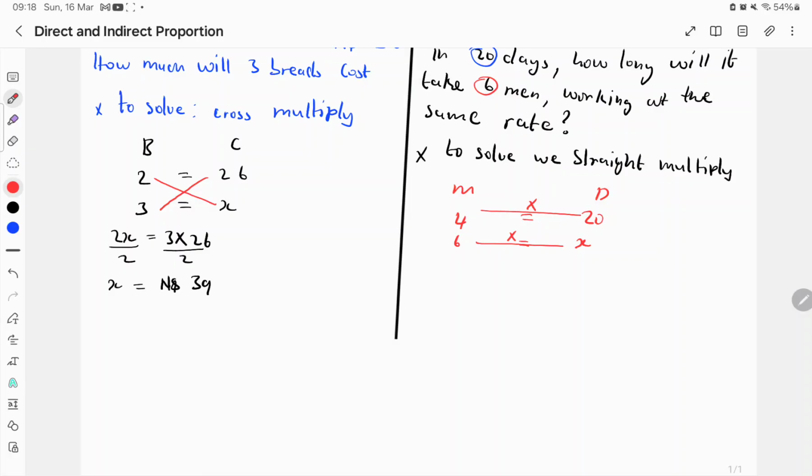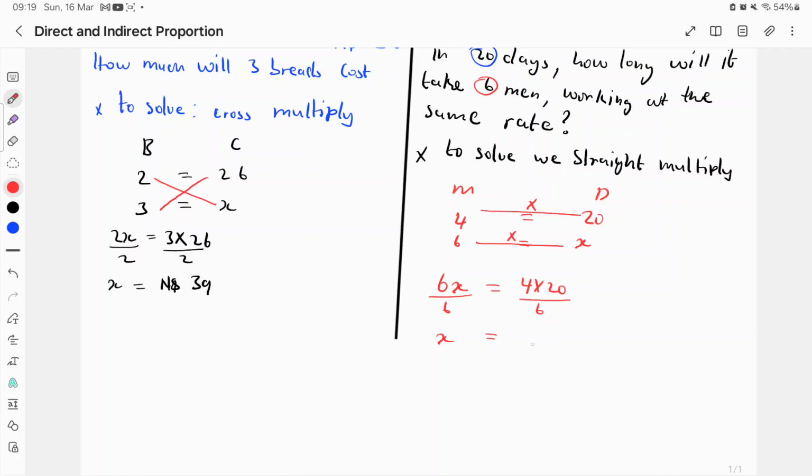That means you're gonna say 6x is equal to 4 times 20. Then you divide by 6. Then you have x is equal to 4 times 20 divided by 6.